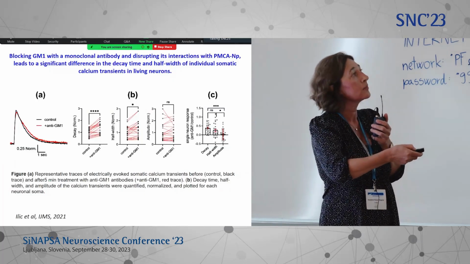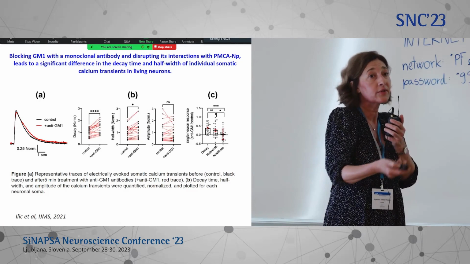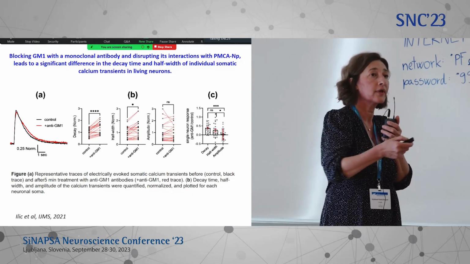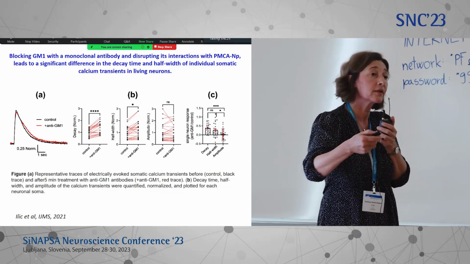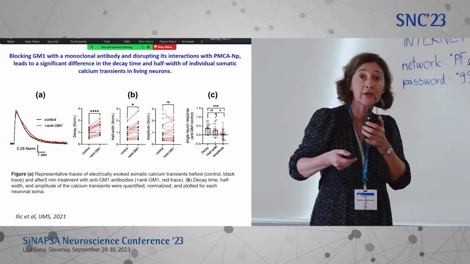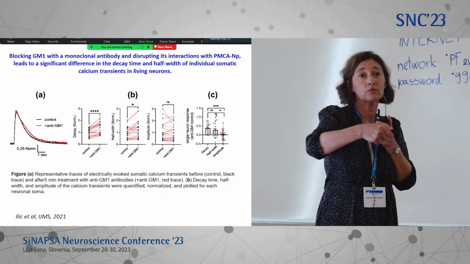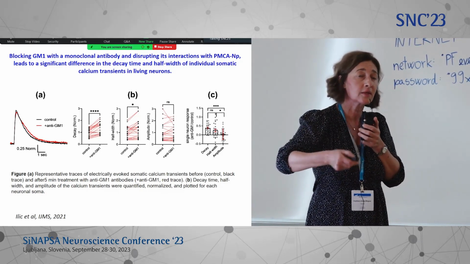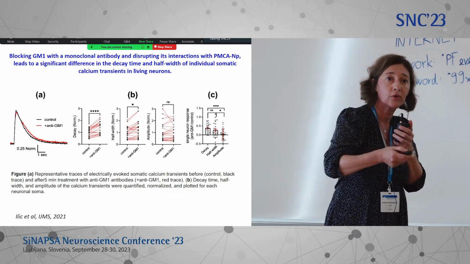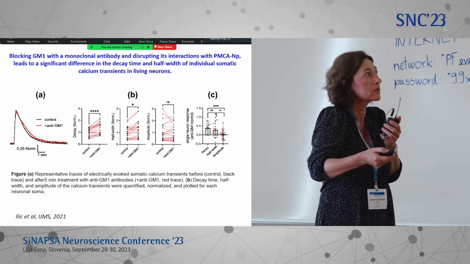But how we really evidenced that is that we measured how much of the calcium, or how quickly the calcium, is extruded from the cell, because the PMCA is involved in regulation of the cellular calcium concentration, and if PMCA doesn't work properly, then this calcium just doesn't go out as it should.